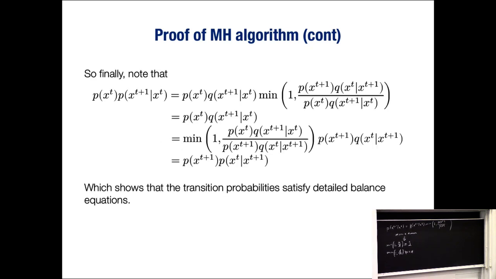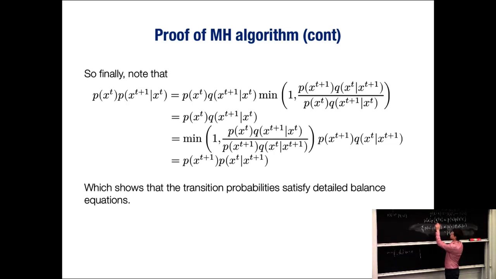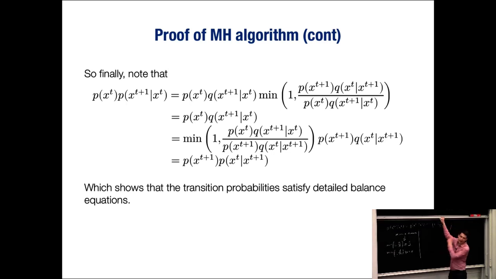So here's how it works. I'm trying to show that these updates satisfy this thing, and I'll write what they are. Right now, on the left-hand side, I'm writing one half of the detailed balance equation: p of xt times p of xt plus 1 given xt.